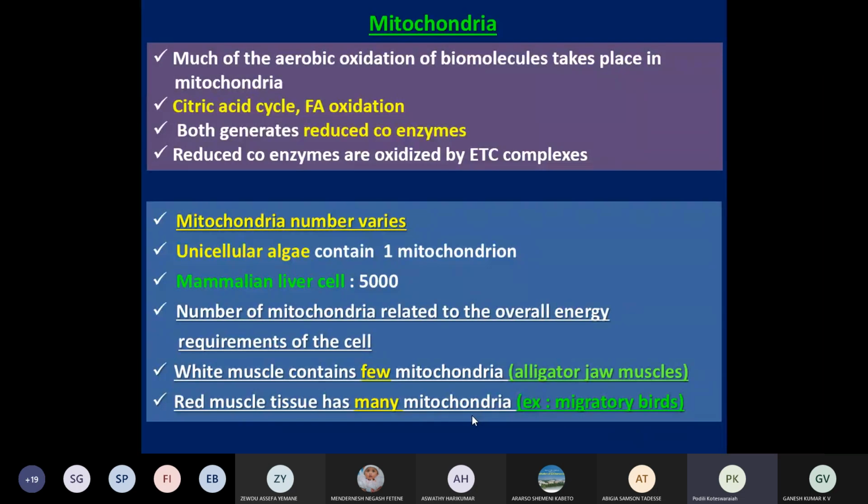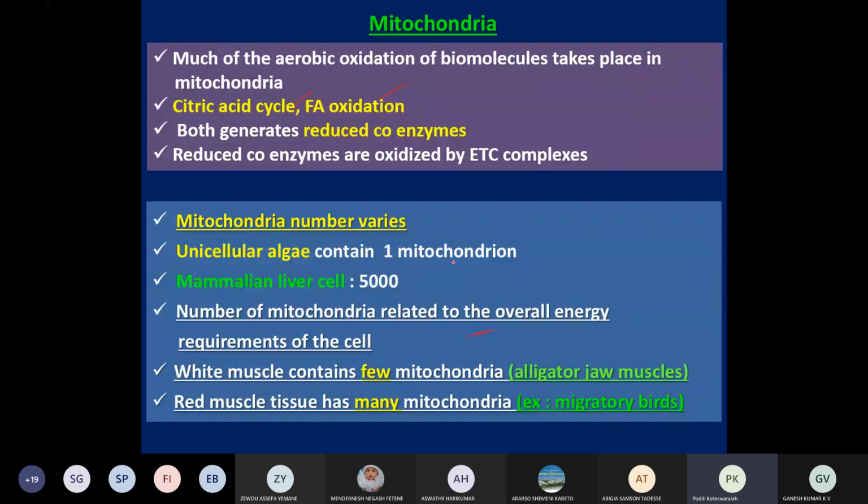Most of the aerobic reactions take place in the mitochondria in the eukaryotic cell, and the citric acid cycle enzymes and the fatty acid oxidation enzymes are all present in the mitochondria. In addition to this, many other enzymes are also present in the mitochondria.